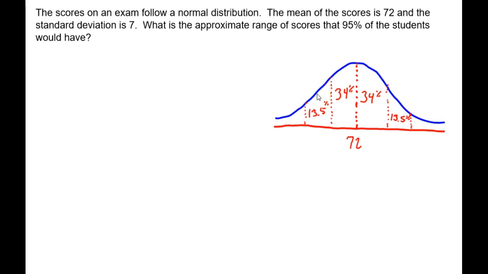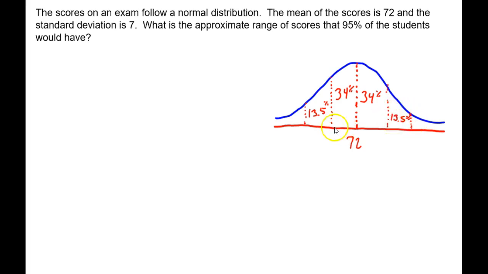Plotting the bell-shaped curve, I know my average, the mean, is 72. We also talked about this in the last problem. If I would go one standard deviation to the left, that accounts for 34% of my data points. One standard deviation to the right is another 34%. If I would go two standard deviations to the right, the portion between one standard deviation and two standard deviations accounts for 13.5%.